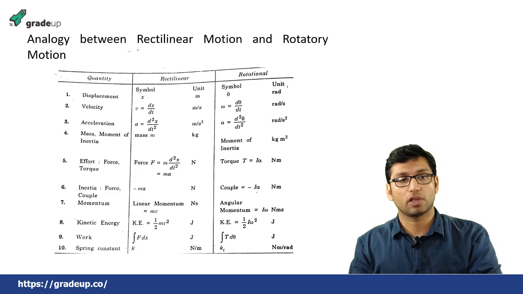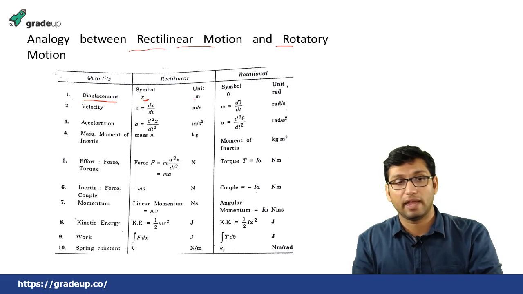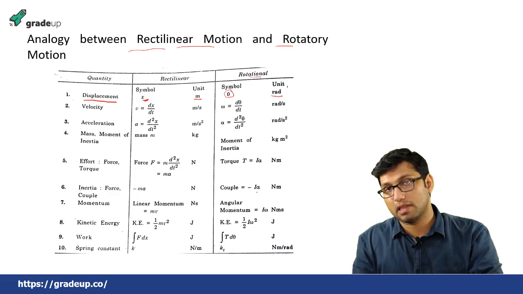Now there is also an analogy between rectilinear motion and rotatory motion. If we see, the displacement is represented by symbol x in case of rectilinear motion and its unit is m. But for rotatory motion, this is represented by theta, and the unit of rotatory displacement is radian.